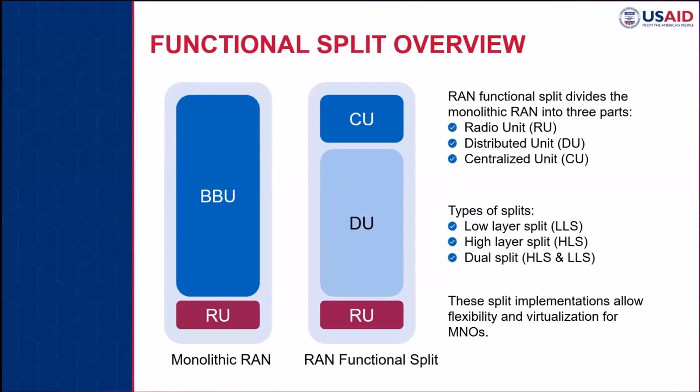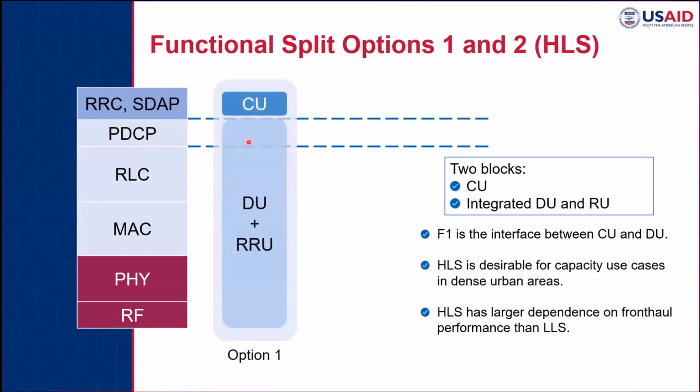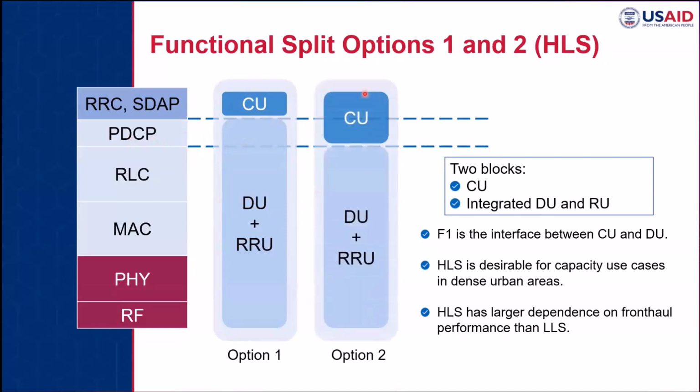So let's see the different layers, for example, the high layer split. If you have the functionality of the BBU, for example the CU or the DU, you split the functionality like this. In option one, you have the RRC and SDAP in the centralized unit, while the PDCP, RLC, MAC, physical and RF are in the other unit.